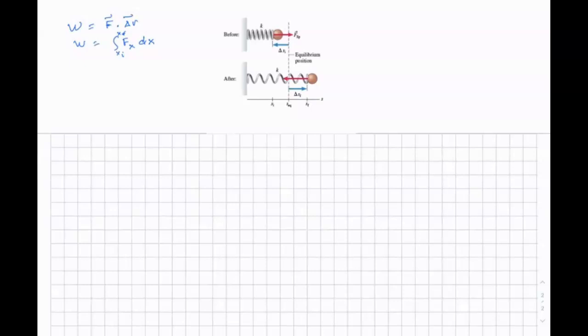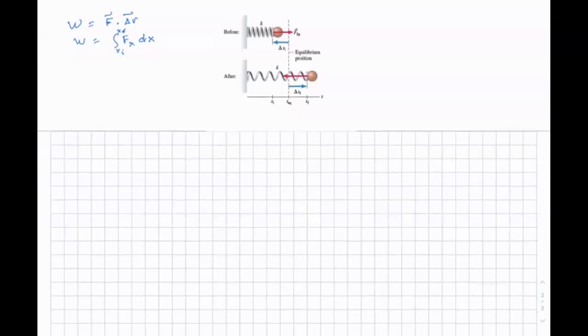So we'd like to determine the integral of the force over ds from S initial to S final.